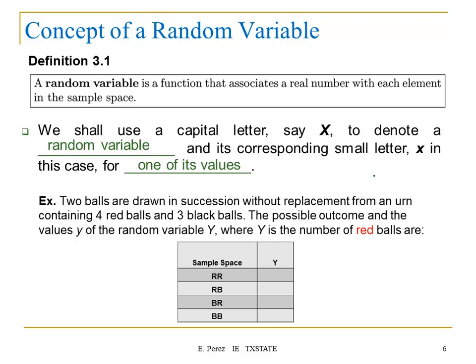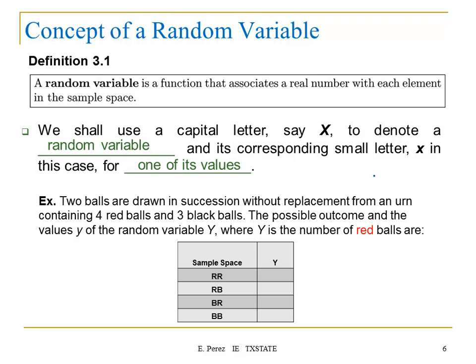So the random variable can have values from 0 to 3. That is denoted by the capital X, but 1 will be denoted by the small x. Okay? So we have another example here.